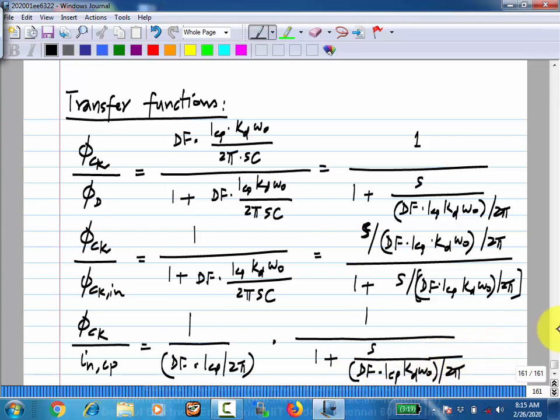Okay. So you get some first order transfer functions. Phi ck by phi d is a low pass transfer function with a gain of 1. Phi ck by phi ck in is a high pass transfer function with a high frequency gain of 1. And phi ck by incp is also a low pass transfer function.